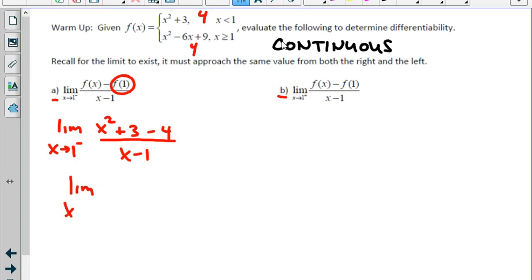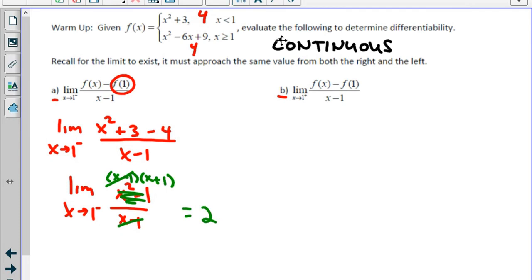So this ends up being x squared minus 1 over x minus 1. When we factor x squared minus 1 into x minus 1, x plus 1, what we're going to end up with is the limit as x approaches 1 from the left of x plus 1, that is 2.